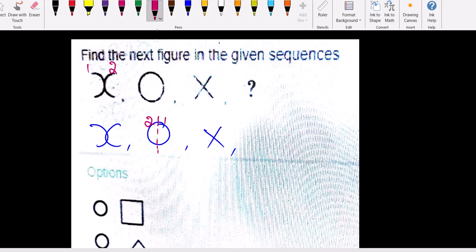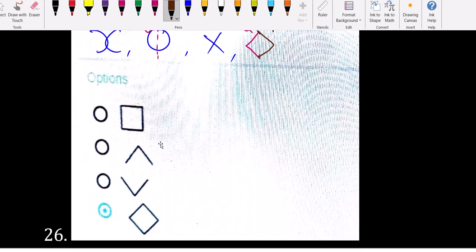They took 2 from this, 1 from this, two halves joined make a circle. Here two halves: this is 1, this is 2, this half, this half. So first take the second part, next take the first part. Options I didn't show fully, so now we can see the full options. So this is the correct answer. Image based questions.